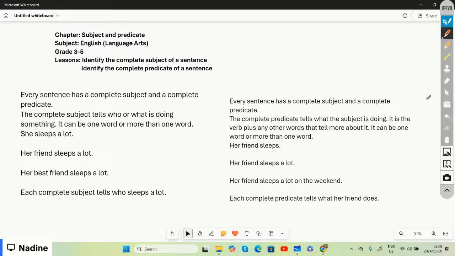So, we said every sentence has a complete subject and a complete predicate. And a complete subject tells us who or what is doing something.